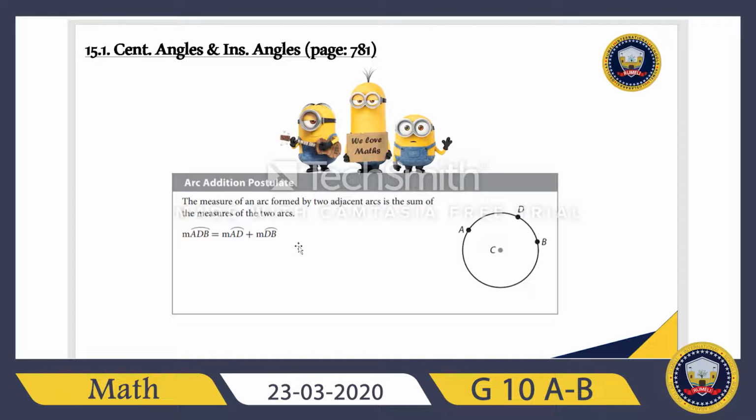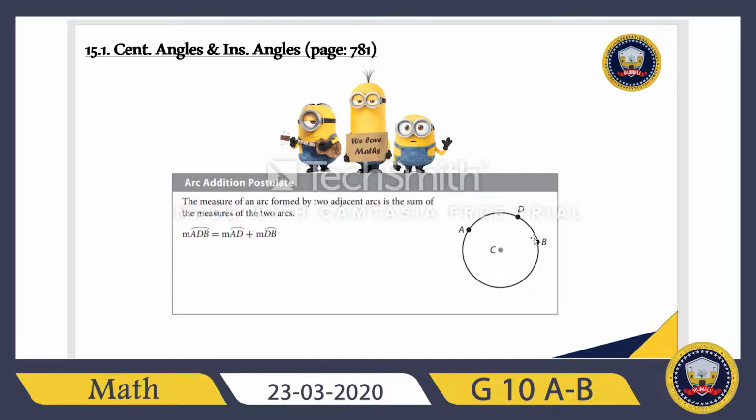Now, we have a postulate of arc addition. In a circle where I have 3 points A, D, B and the center C, the measure of the arc ADB equals the measure of the arc AD plus the measure of the arc DB.